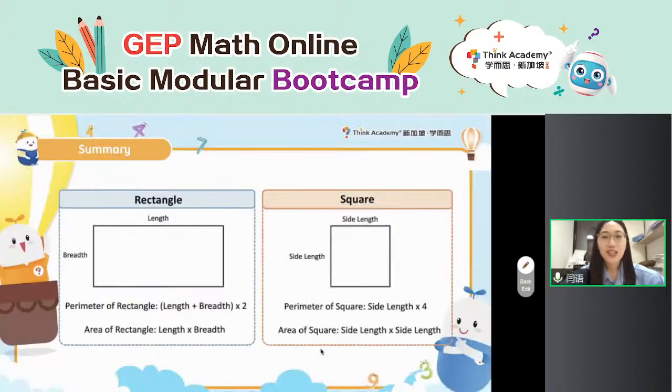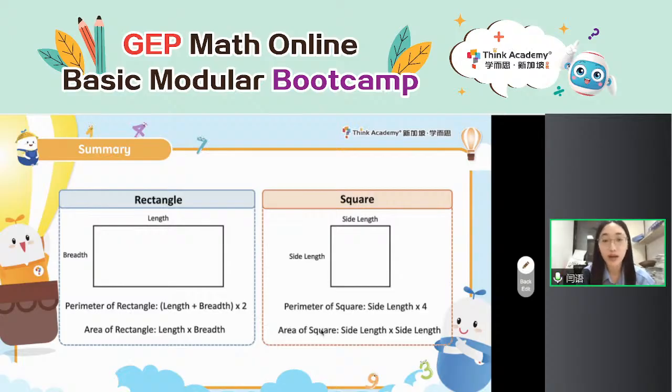Okay. So here, let's have a final summary, okay? Actually, today, we just introduced the formulas. The first one is for the rectangle, how to figure out the perimeter of rectangle. That is the bracket, length plus breadth, and then times 2. And how do we figure out the area of rectangle? That is the length times breadth. Then what about the square?